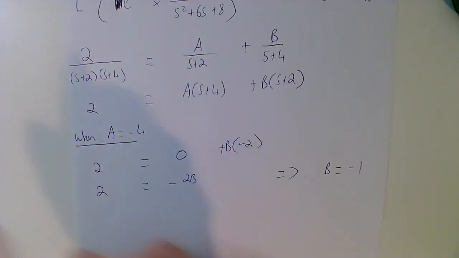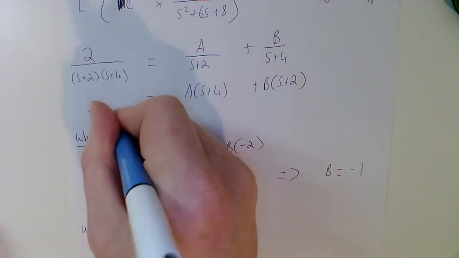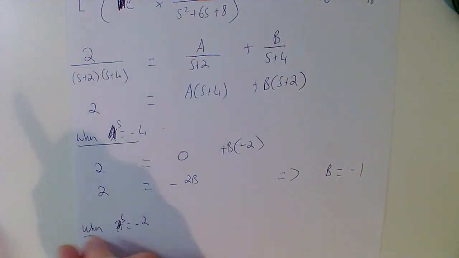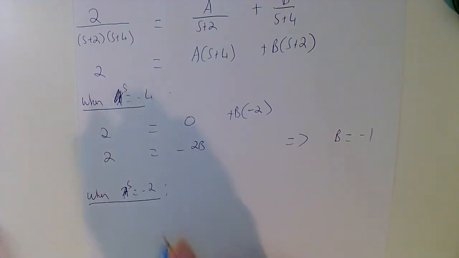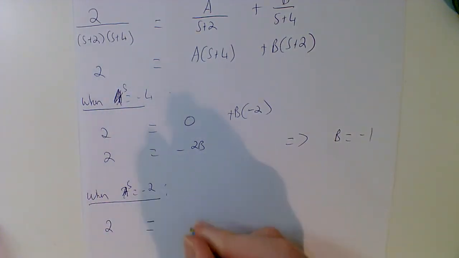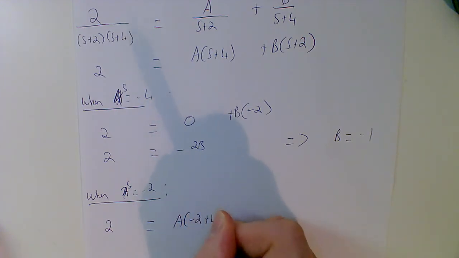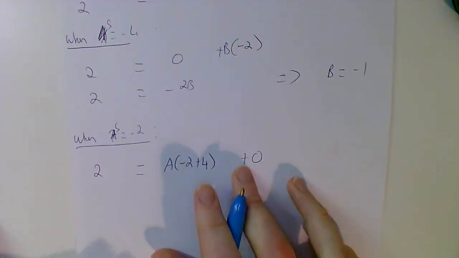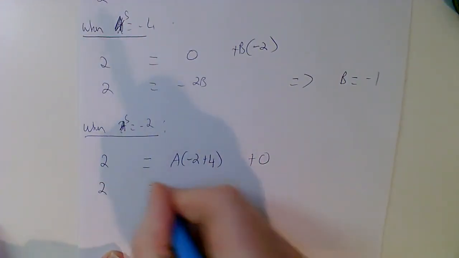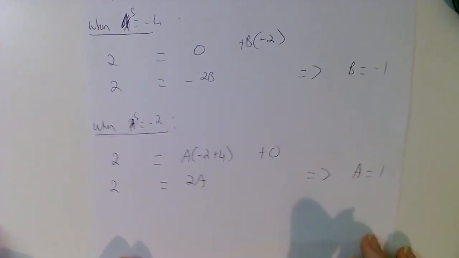And then when s equals negative 2 now, you've got 2 equals a(negative 2 plus 4) plus 0. So 2 equals 2a, so then a equals 1.